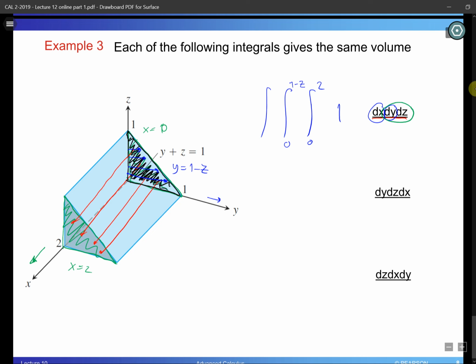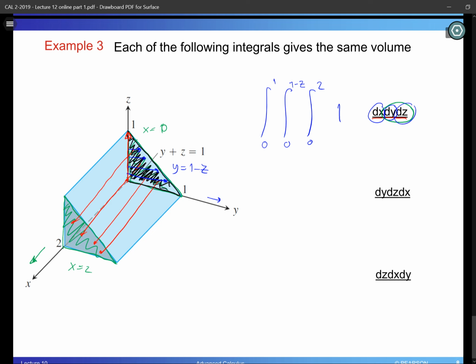Okay, and now the last variable is going to be the whole range of z in the projection. As you can see here, it starts from z equal to 0 to z equal to 1. There you go, z from 0 to 1.